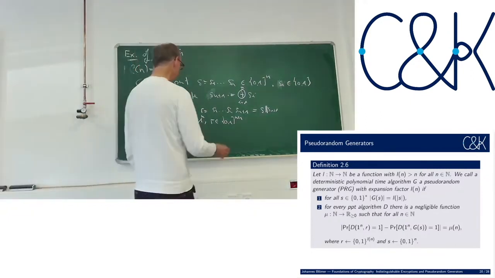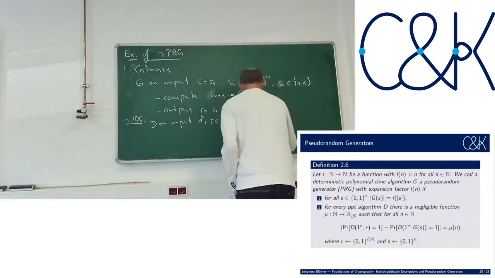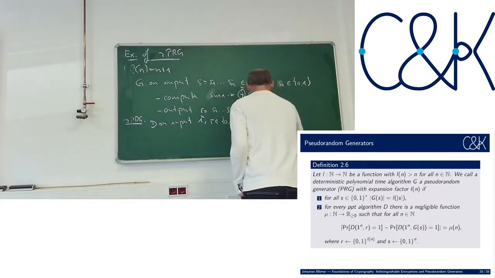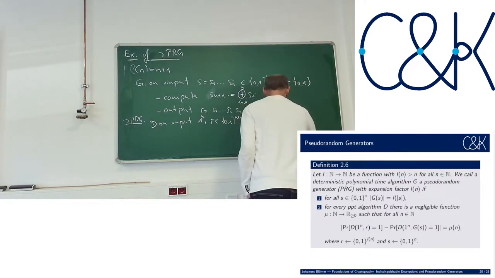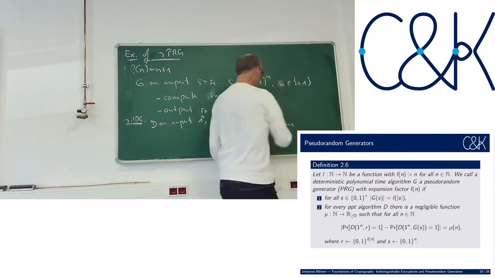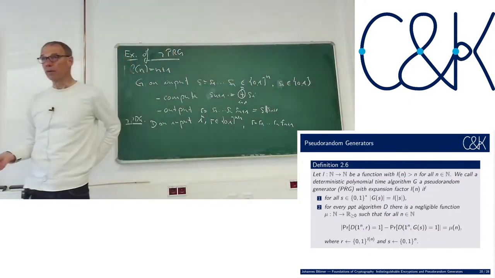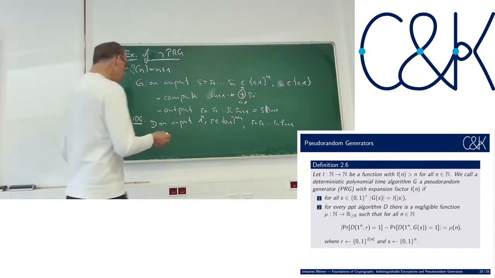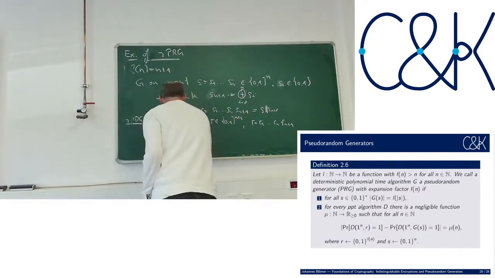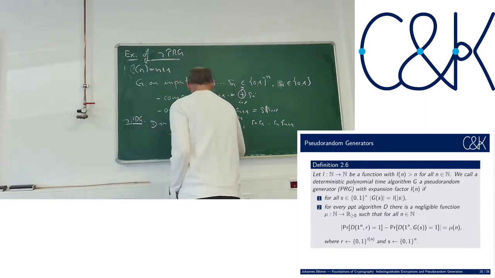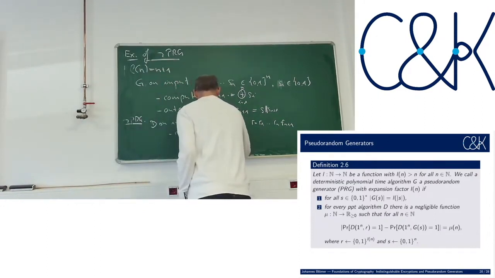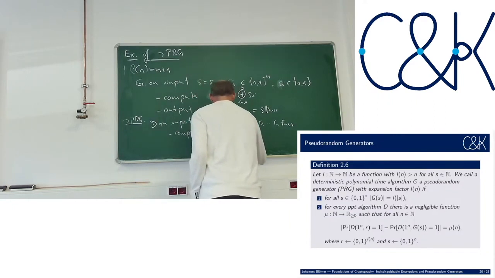Well, it does the following: R is of the form R1, ..., Rn, Rn plus 1. These are the bits of R. And what I do is compute Rn plus 1 prime as the XOR of the first n bits.